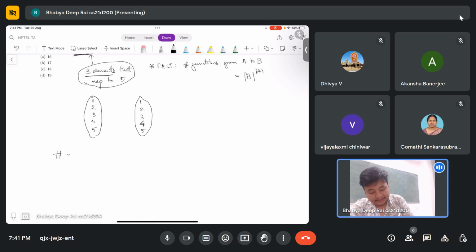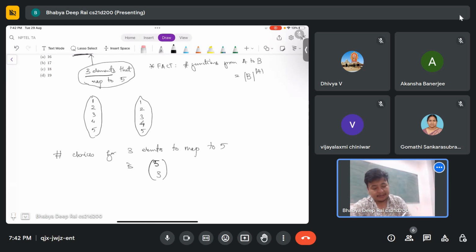So the number of choices for 3 elements to map to 5 is from this 5 element set. I'm choosing just 3, any 3 here, or this 3 or something like that. The number of choices, we know that it is 5 choose 3.